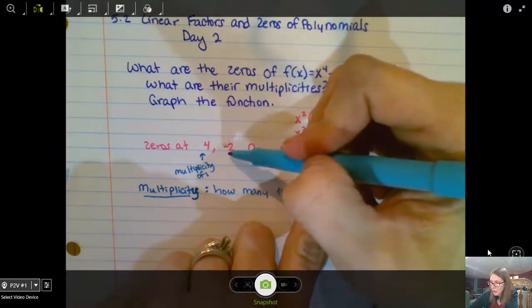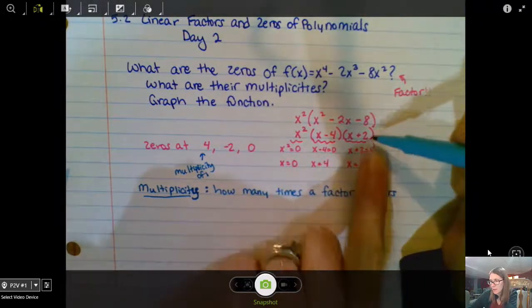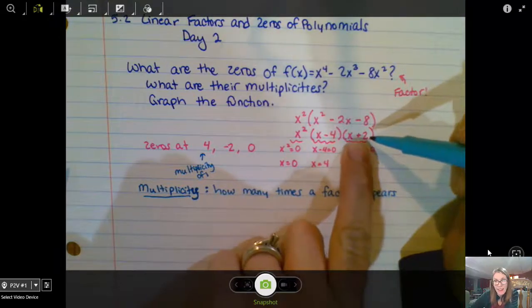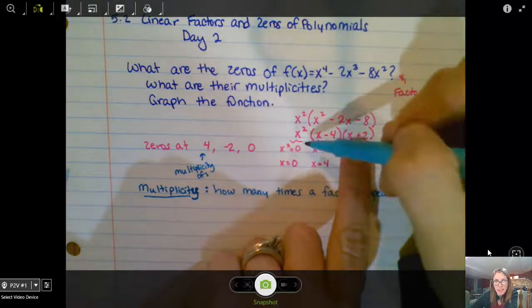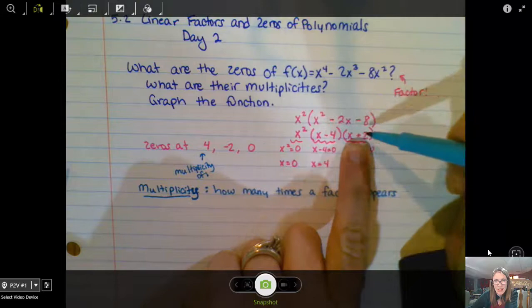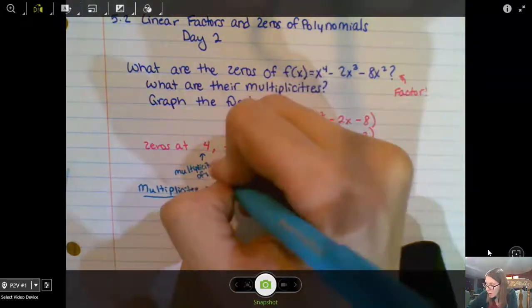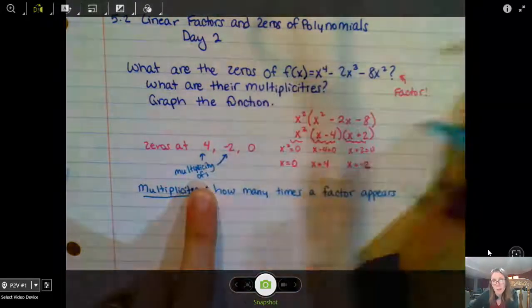My 0 at negative 2 came from the factor x plus 2, and again, that x plus 2 is only here once, so we also have a multiplicity of 1 here.